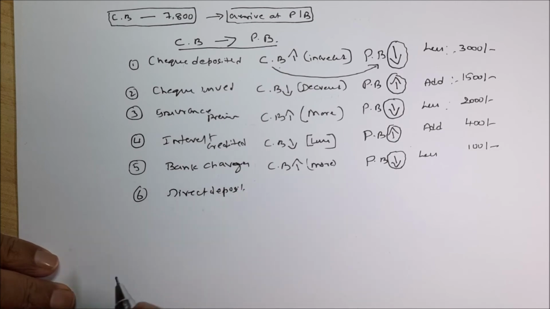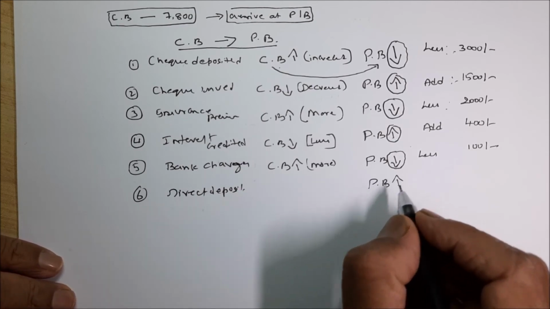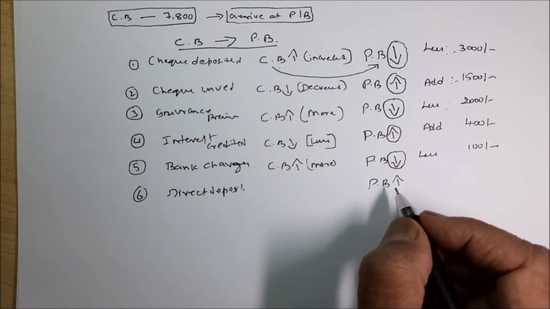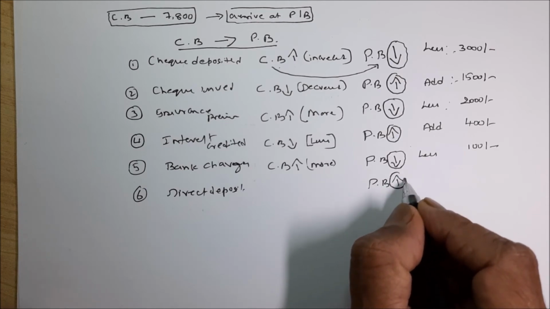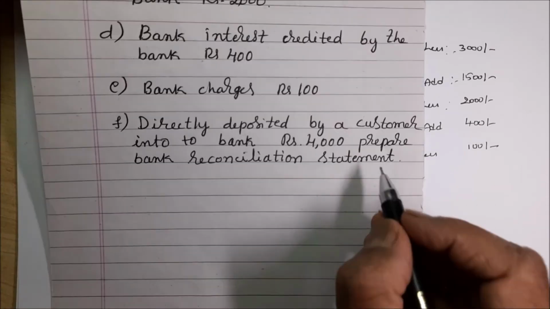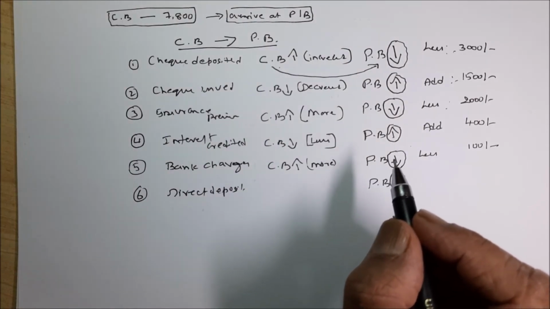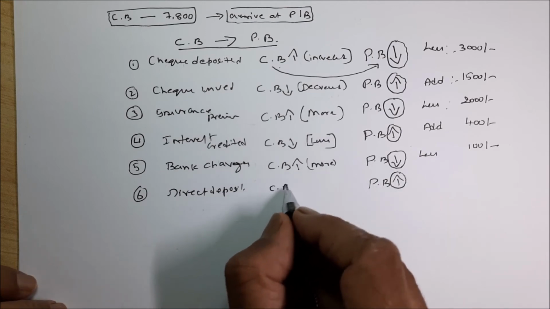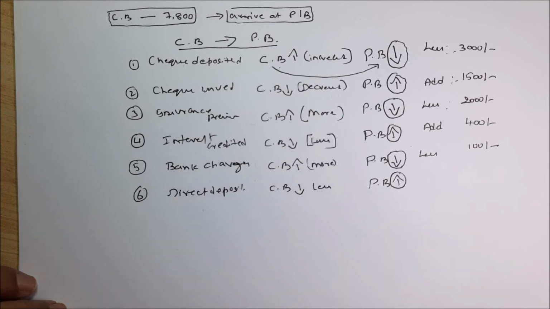When the customer deposits, naturally the passbook balance is showing more. Assuming I had 10,000 and he has deposited another 10,000, then it becomes 20,000. Here the customer has deposited 4,000. Assuming I had 5,000, 5,000 plus 4,000 is 9,000 showing in the passbook, whereas the cash book is showing only 5,000.